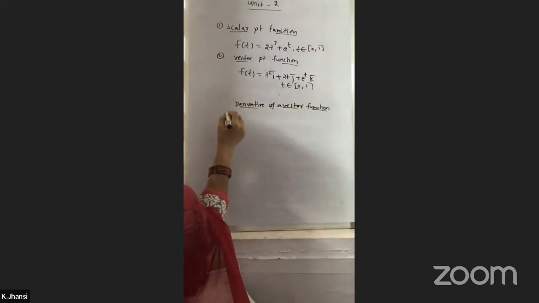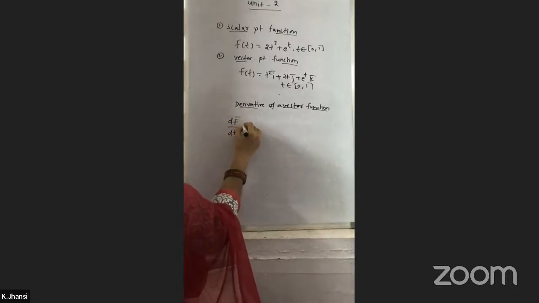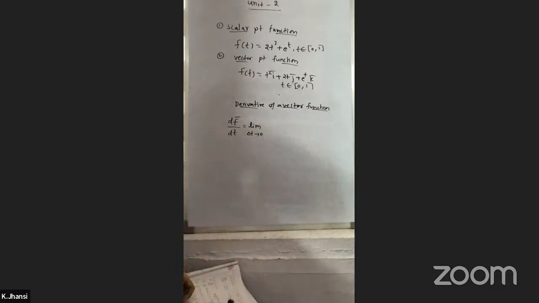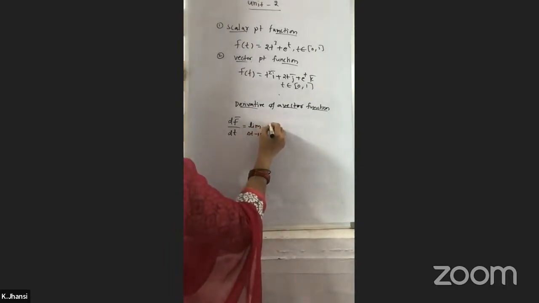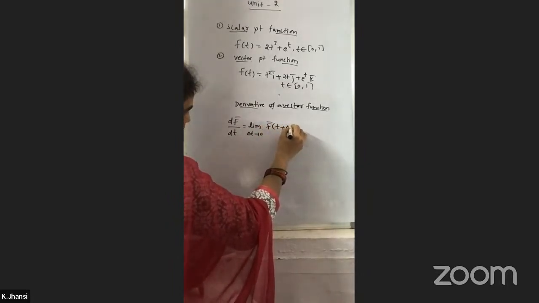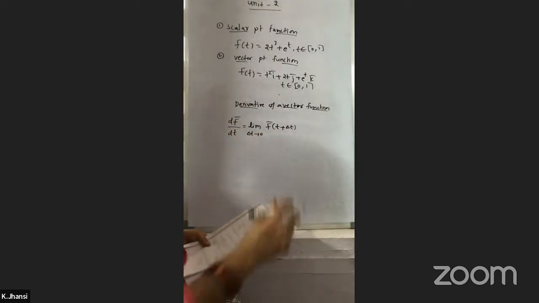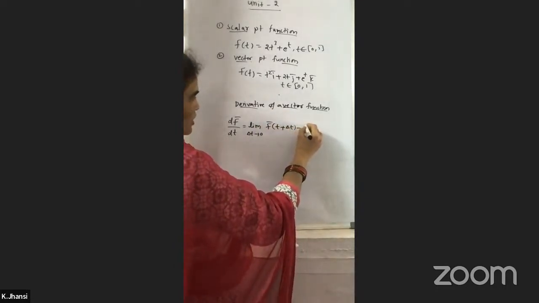Derivative of a vector function means we are doing d by dt with respect to t. So it is equal to, if you see the normal definition, limit delta t tends to 0, vector f of t plus delta t minus f of t by delta t. Like the derivative formula limit h tends to 0, f of x plus h minus f of x by h, here also you have the formula for the derivative of a vector function.